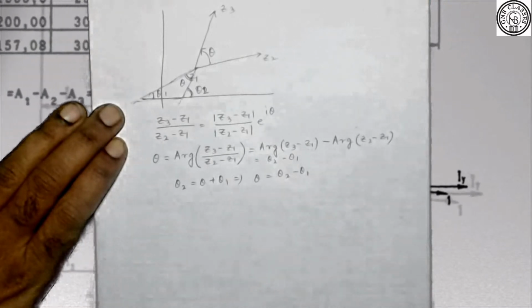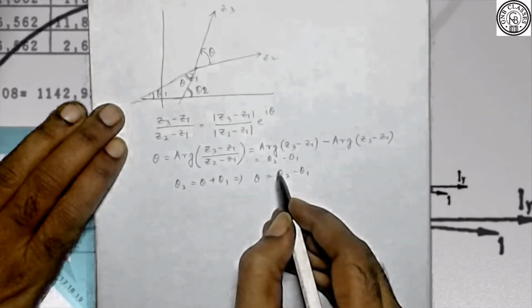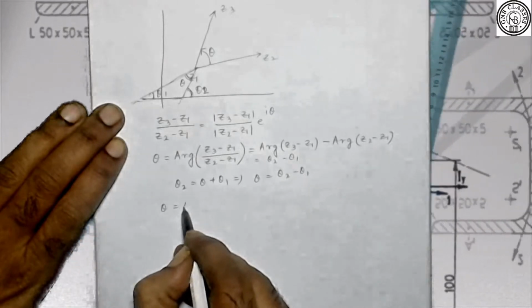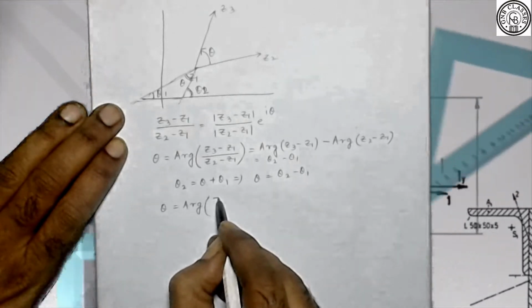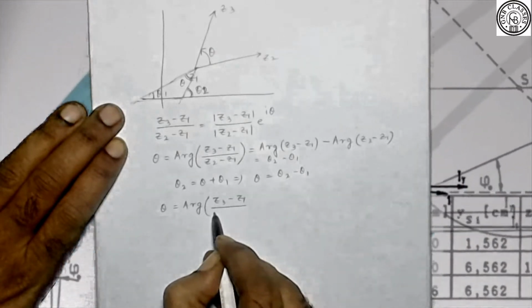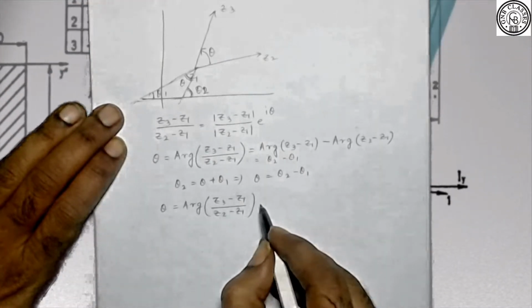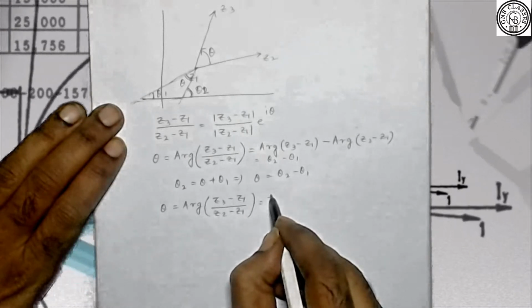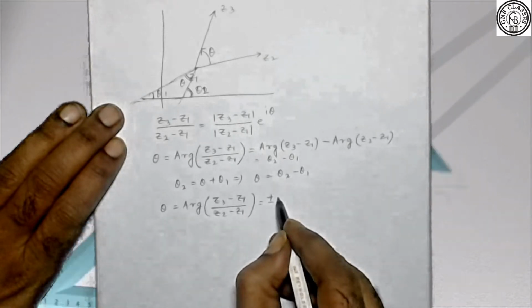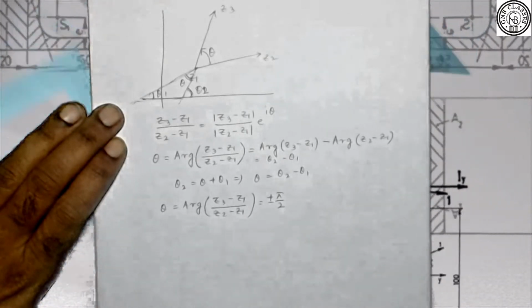That's exactly what I'm saying. Is it clear? So theta is basically argument of (Z3 minus Z1) by (Z2 minus Z1). Is this clear?